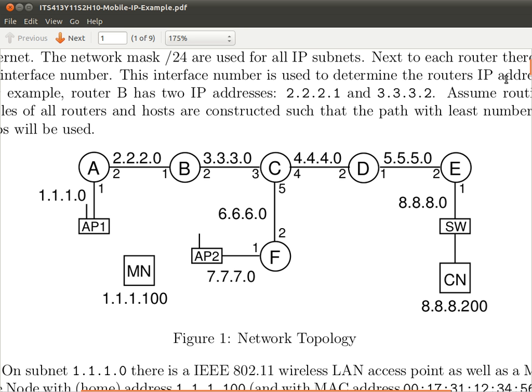This other mobile node with address 7773 associated with the access point sends to 111.100. What happens? What's the answer? 7773 sends something to 111.100.